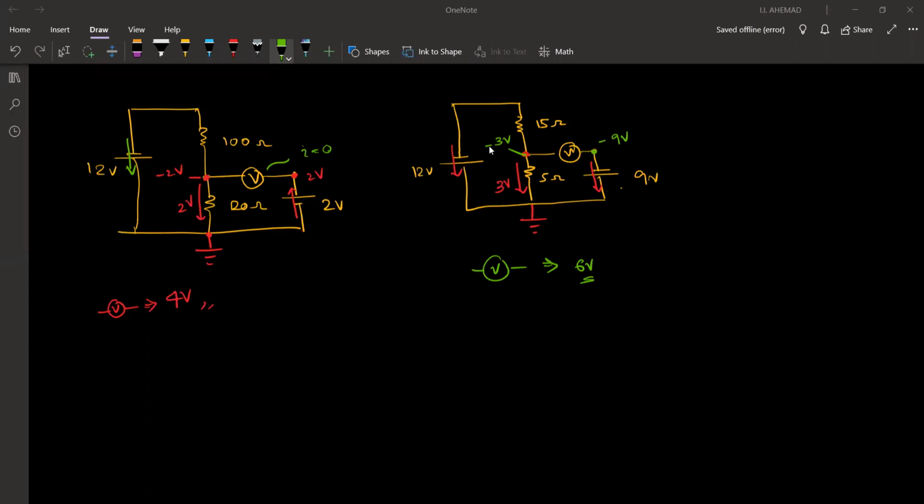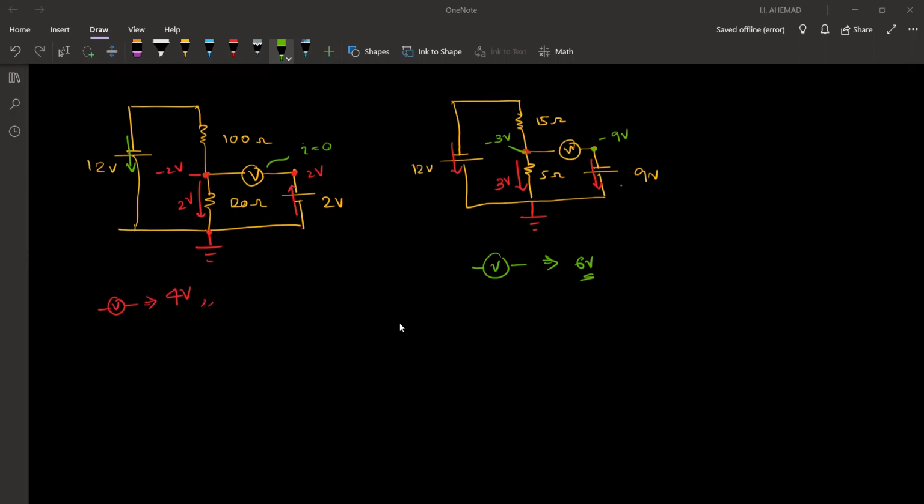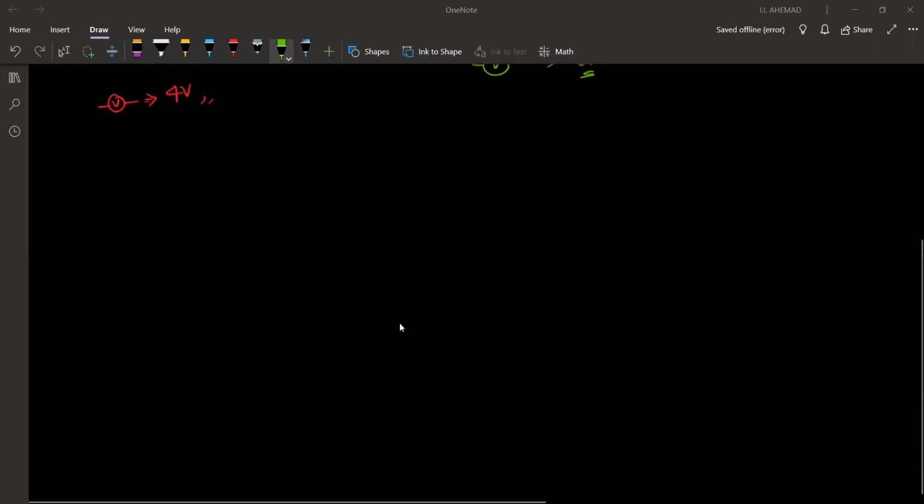Okay, so what's the next question? Question number 13. So in question number 13, we have a potential divider circuit, right?